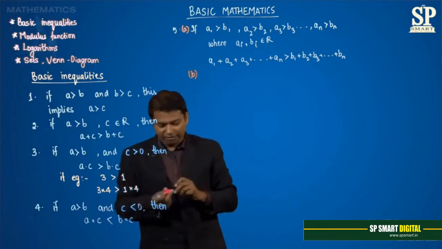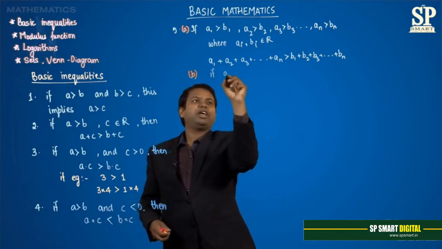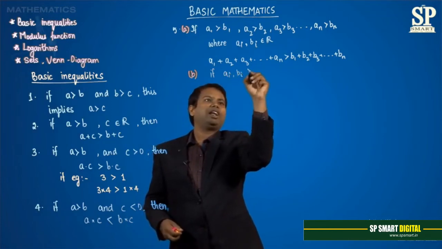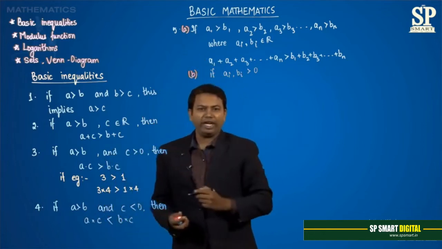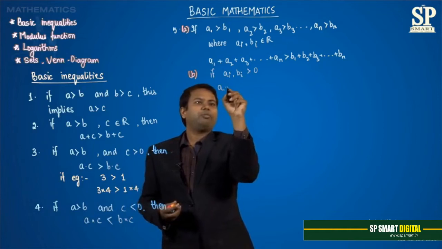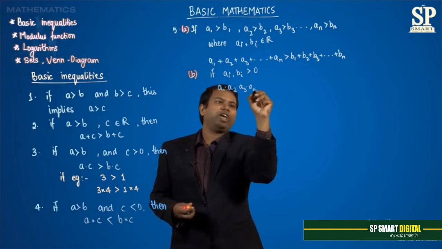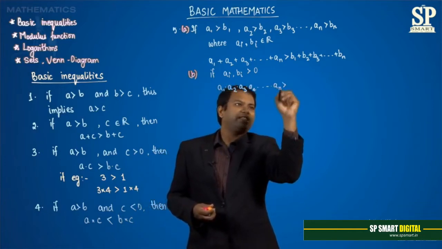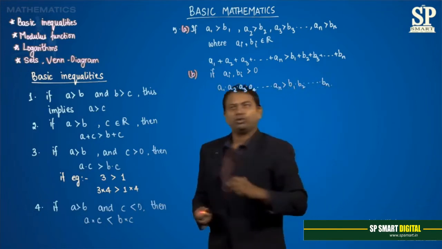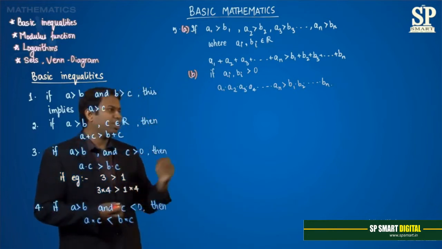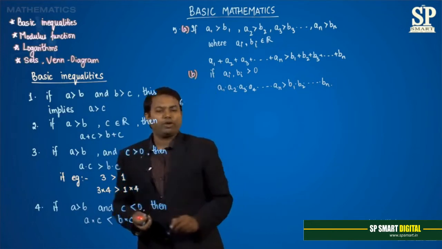So let me write here, if Ai, Bi's are greater than 0, in this case, this is the second part of inequality number 5, we can also write the product of all the Ai's, that is A1 into A2 into A3 into A4 and so on up till An is greater than B1 into B2 and so on up till Bn. So this is what we can have in case all these numbers Ai's and Bi's are greater than 0.